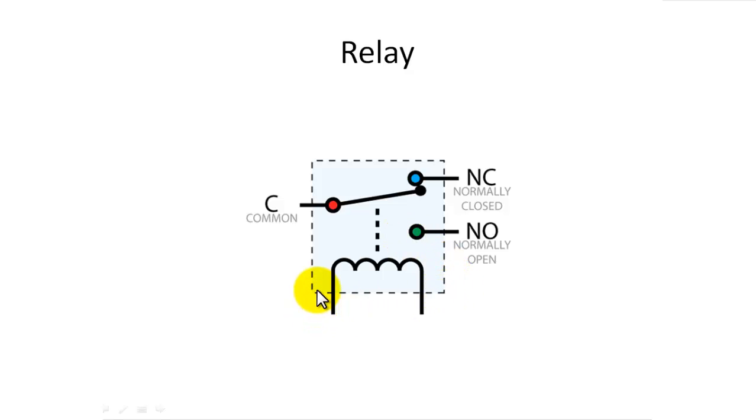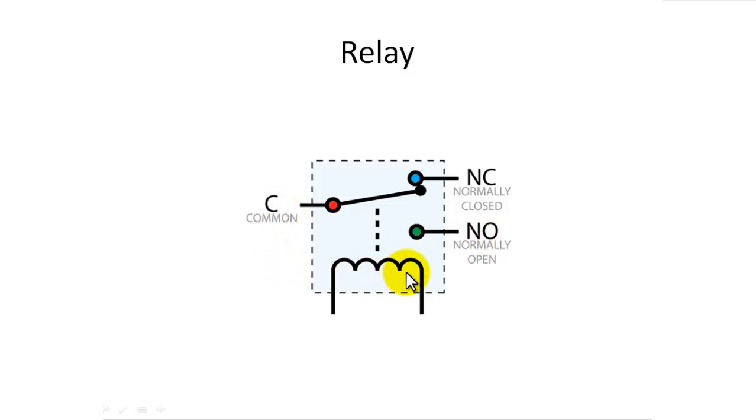So if this coil is energized, then at this moment, due to the electromagnetic attraction, this terminal gets connected with this terminal. That means the normally closed now gets open, and normally open gets closed with the common terminal.